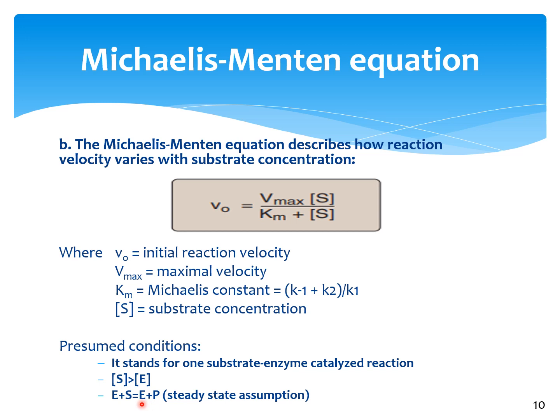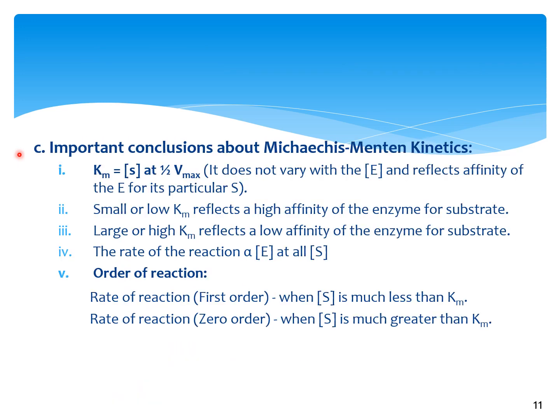Enzyme is released and retrieved in the original form. Complete utilization of substrate bound with the enzyme into product. These are the important conclusions drawn from Michaelis-Menten model of kinetics.